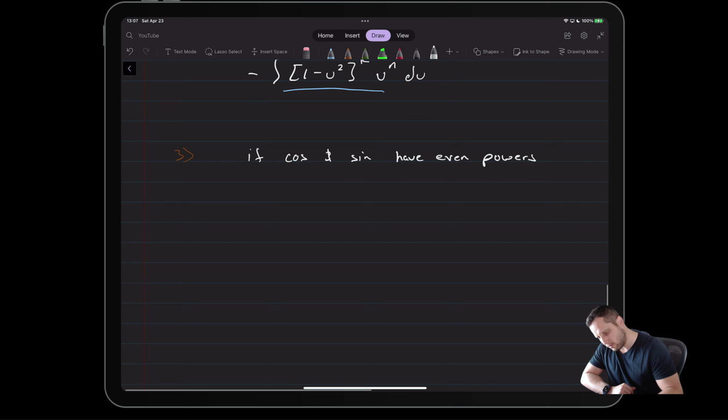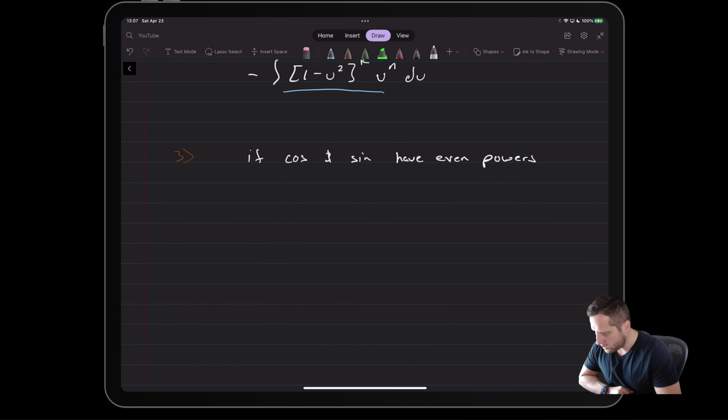That is essentially where both m and n are even. I'll say m equals 2k, and I'll let n equal 2l. Trying to think of a variable here.